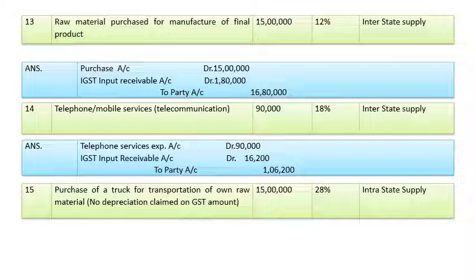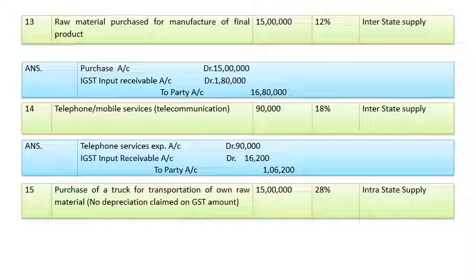So that is why here it is a purchase of truck and it is used for the transportation of raw material, and no depreciation claimed on GST amount. Here also depreciation is not claimed.